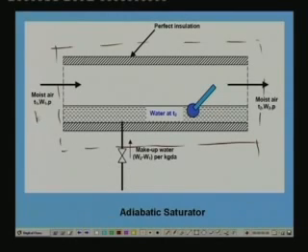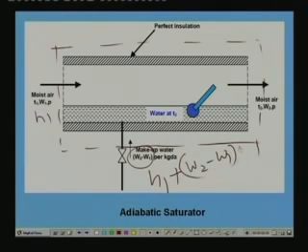Everything is on the basis of 1 kg of dry air, so the energy coming in is H1 plus (W2 minus W1) times hf, where W2 minus W1 is the amount of water evaporated in the adiabatic saturator, and hf is the saturated liquid water enthalpy at temperature T2. This is the energy entering, and the energy leaving is nothing but H2.